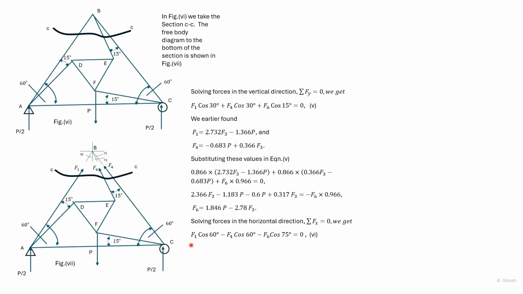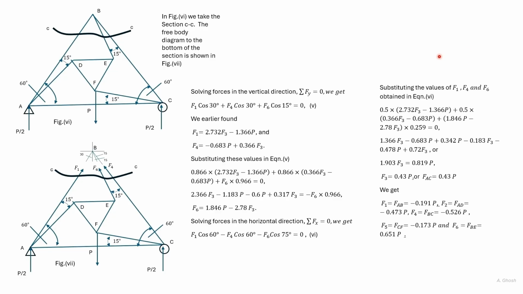Now we know F1, F4 and F6 in terms of F3 and P. We substitute all these values in this equation to obtain a relation between F3 and P, from which we get F3 is equal to 0.43 P. Now F3 is the force in AC, so FAC is equal to 0.43 P.